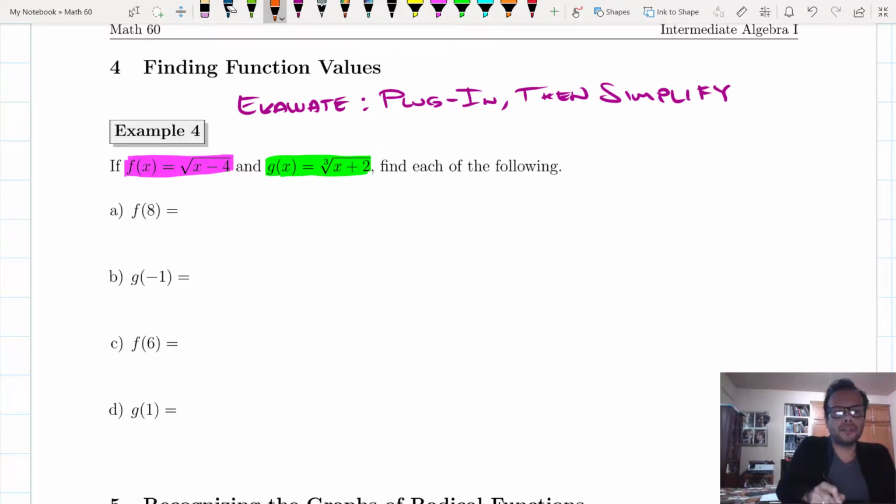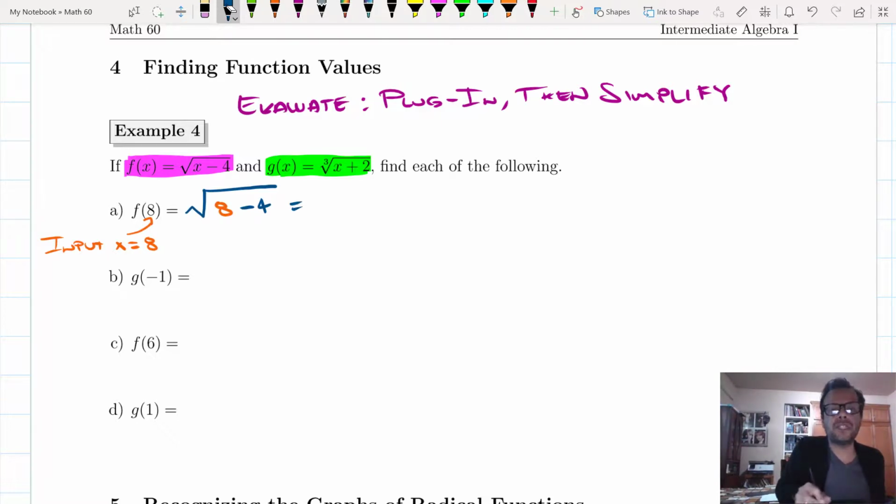input x equals 8, right? So plug in 8 and subtract 4, right?